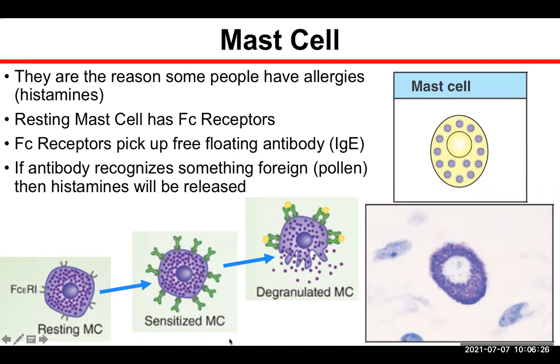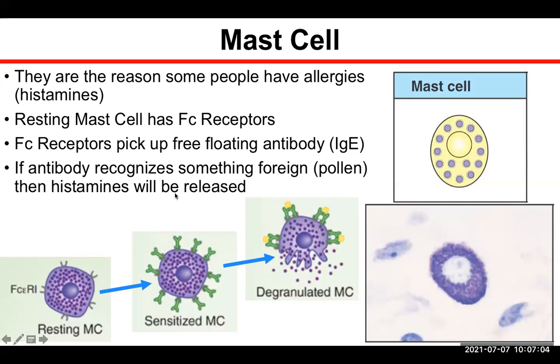The way that these mast cells work is that antibodies are part of the adaptive immune system, and they recognize very specific things because of their binding domains that are on the pointy parts of the Y. And if it recognizes something foreign, then it's going to end up causing the mast cell to release its granules. Once it releases those granules, these granules are the histamines. And that, again, is going to cause all of the typical symptoms that are associated with allergies.